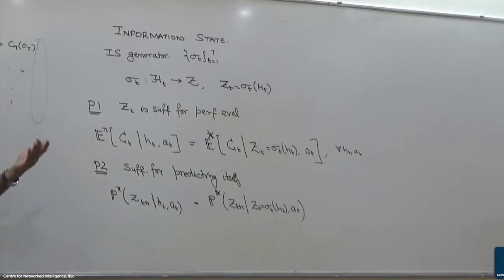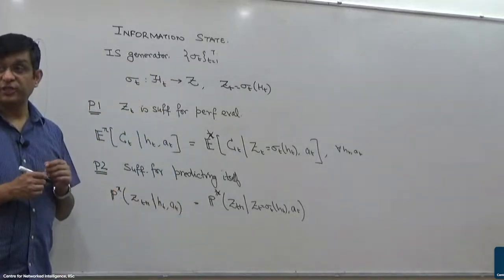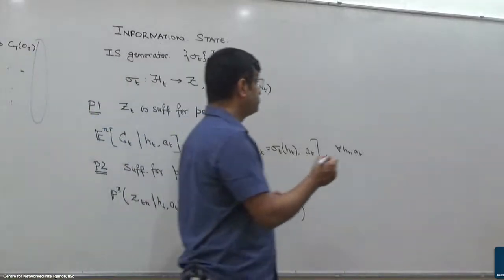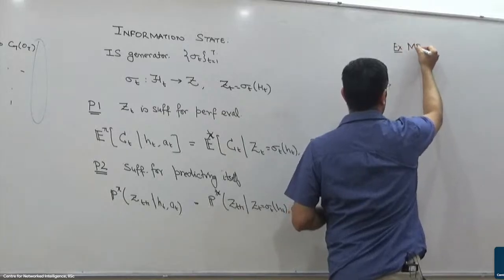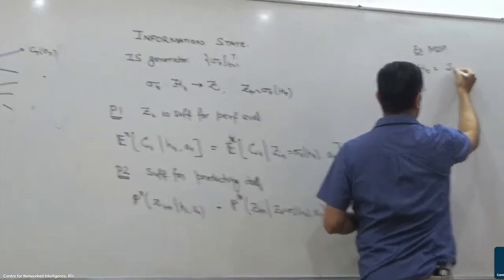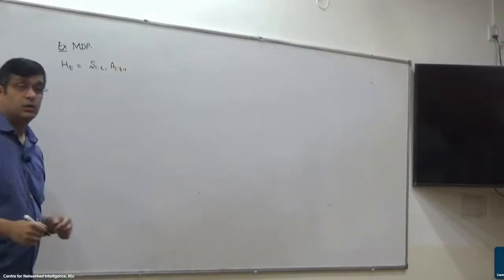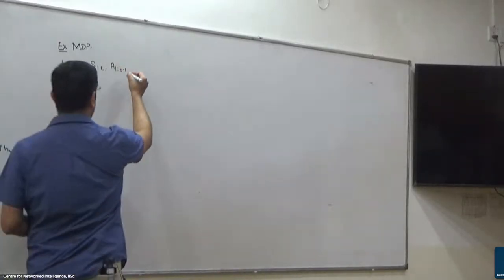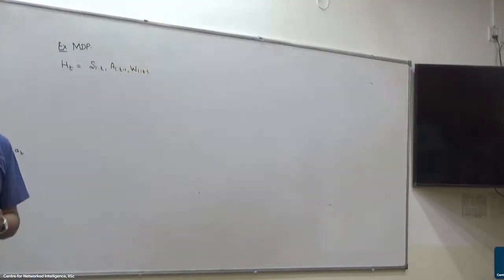Before I give a proof of that and formally state that, let's just take the case that we know how to solve, which was an MDP. Okay. What happens in the case of an MDP? My history, for an MDP, was equal to S1 to t and A1 to t minus 1. Right? If I want, I can also add the W's, because I was observing everything that has happened in the system in the past.